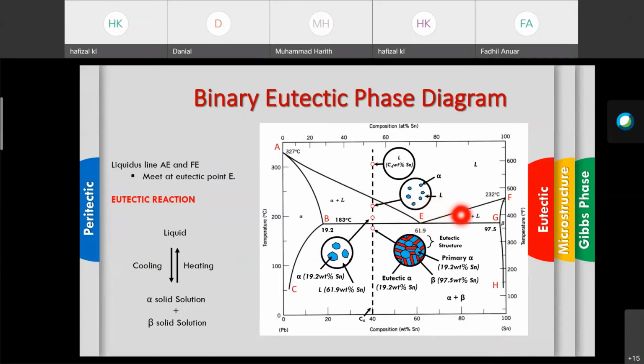So in this case, we can see there is a transformation that takes place along the way. The phase of alpha plus liquid and beta plus liquid does not happen at this point.